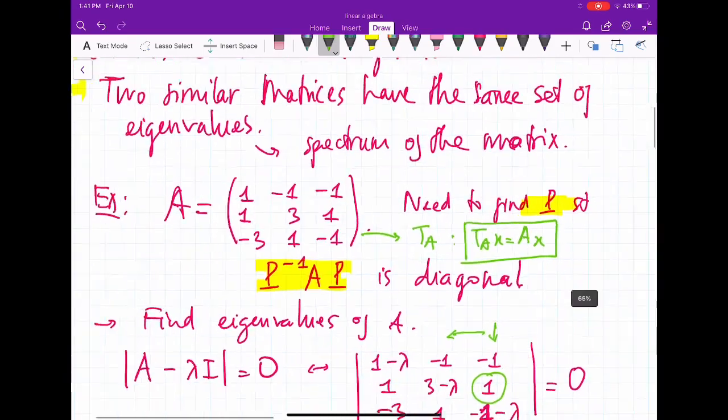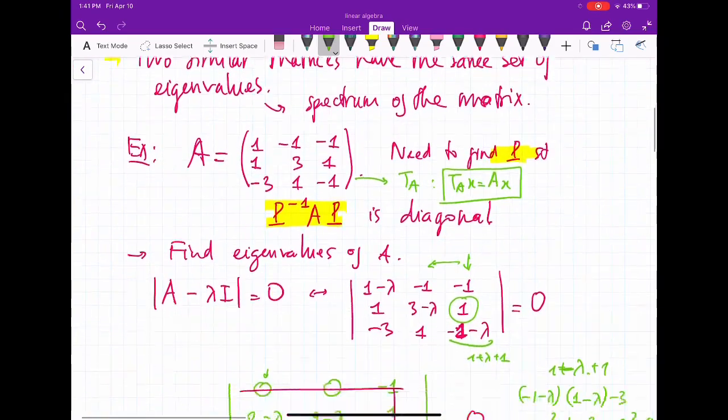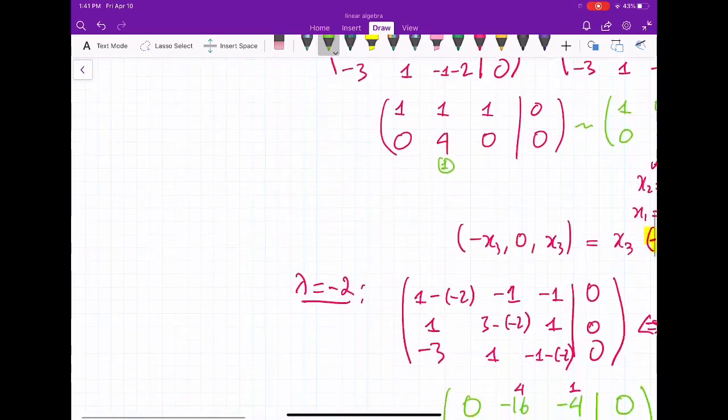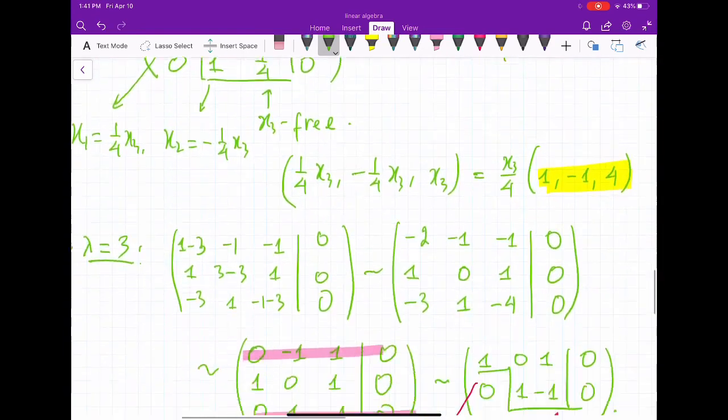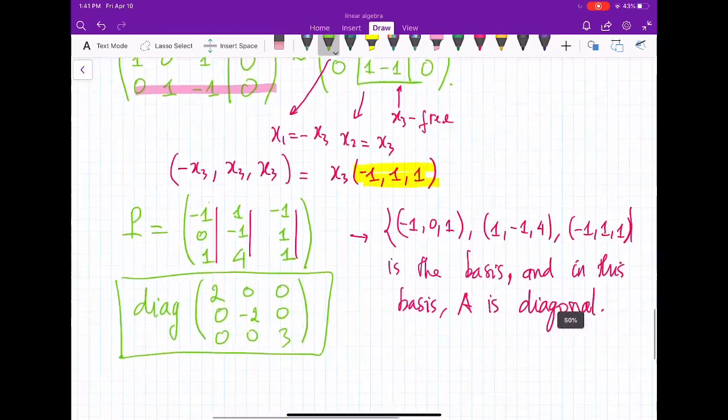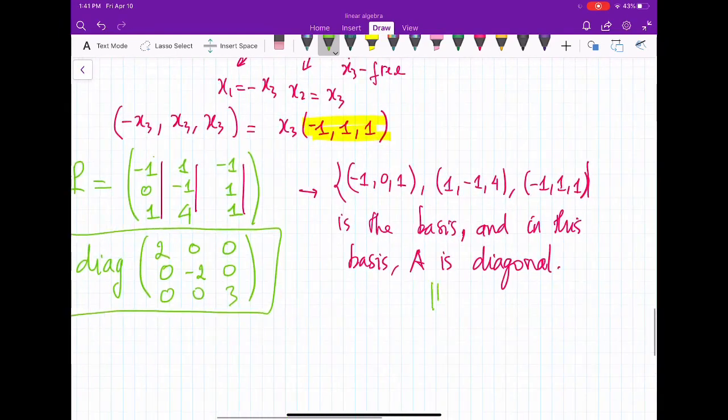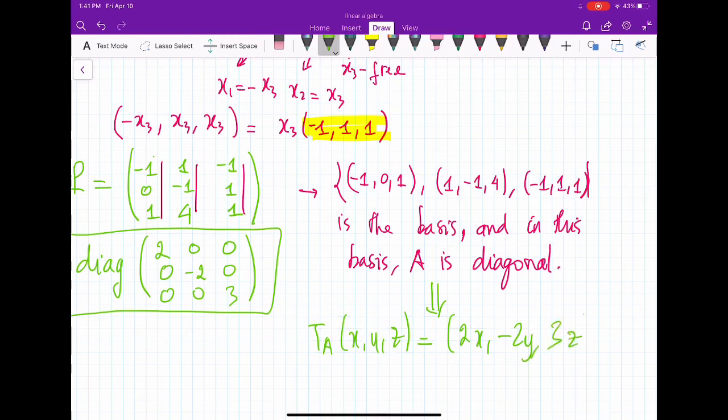And you want to diagonalize your T_A. So your T_A in this basis looks like, it's just 2x, -2y and 3z.